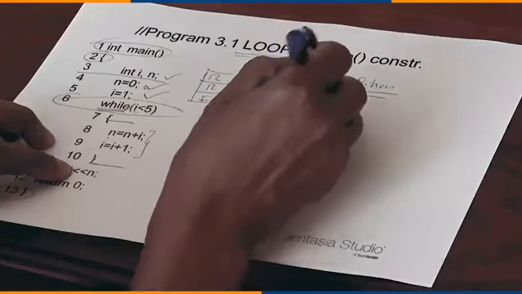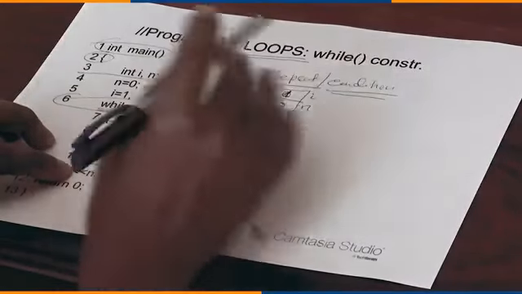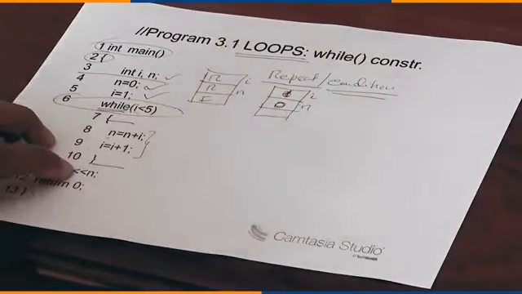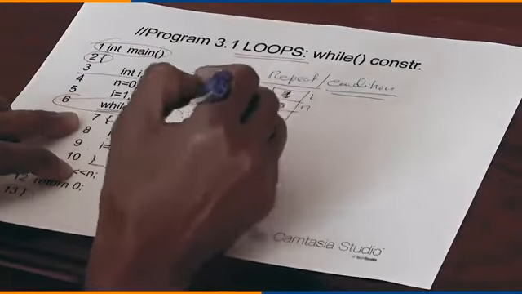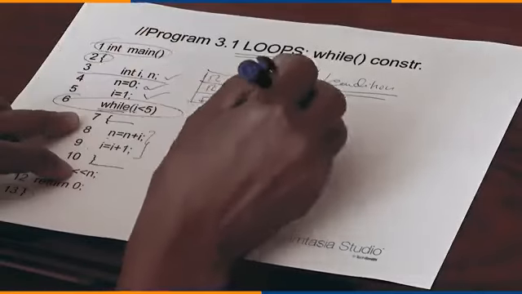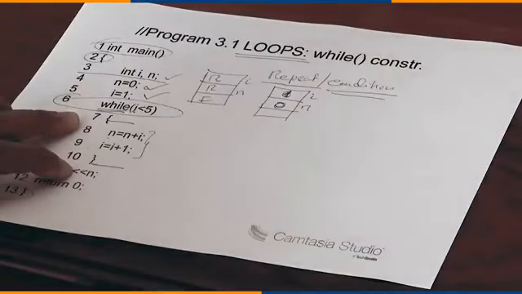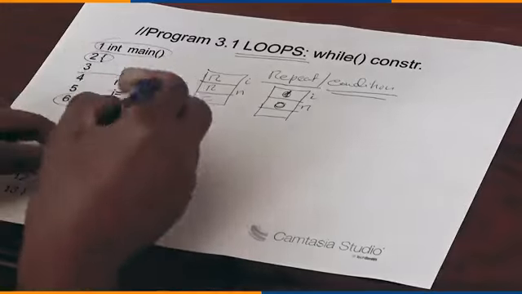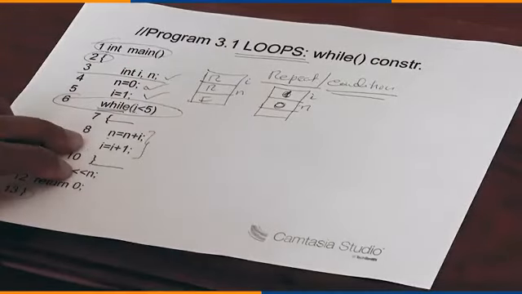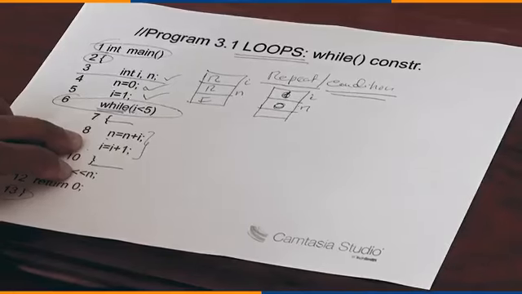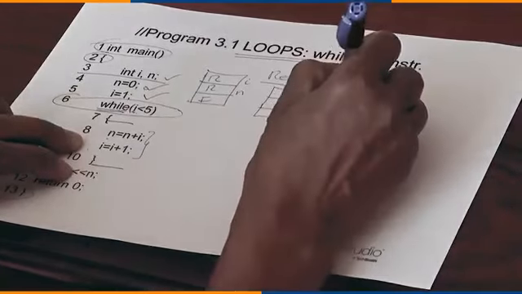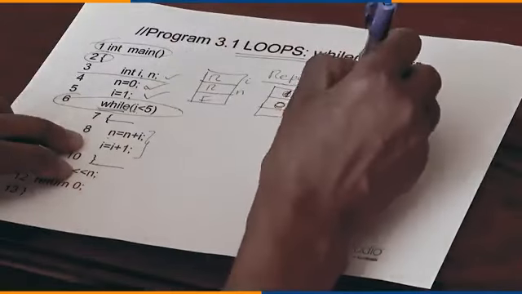If you look in the RAM diagrams, you find that the value in I is 1, and 1 is less than 5. What will happen? The computer will go into line number 8 and execute it. N equals n plus I. In n there is 0, and in I there is 1.